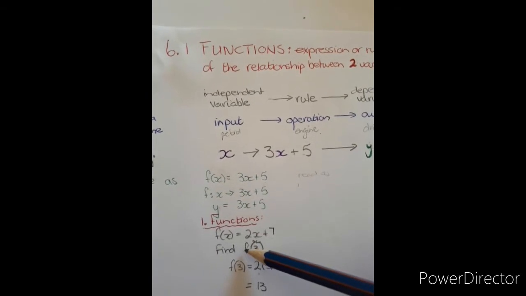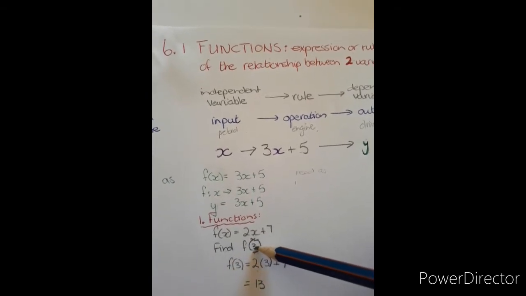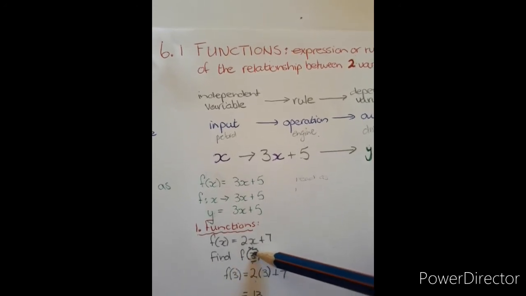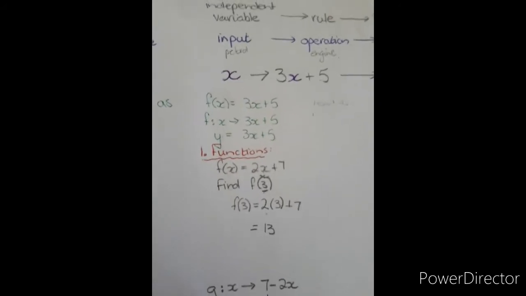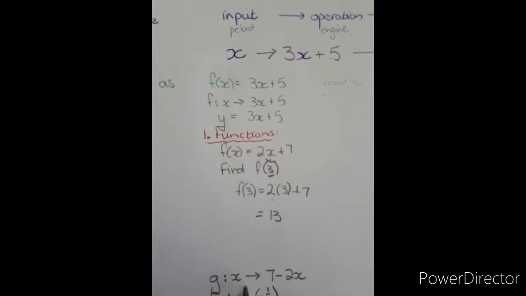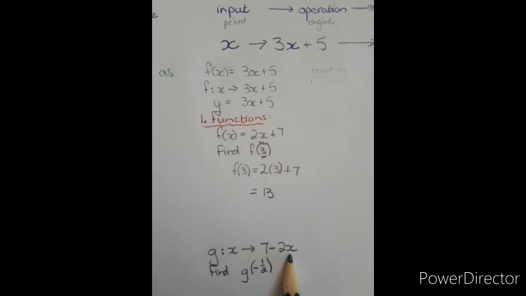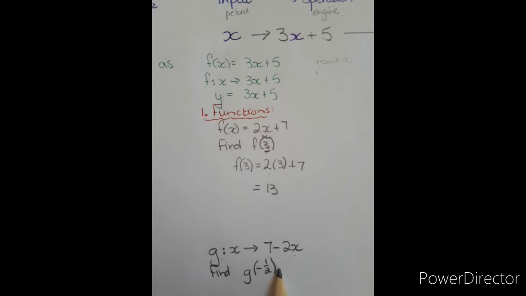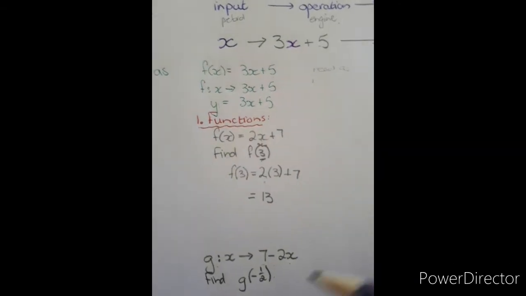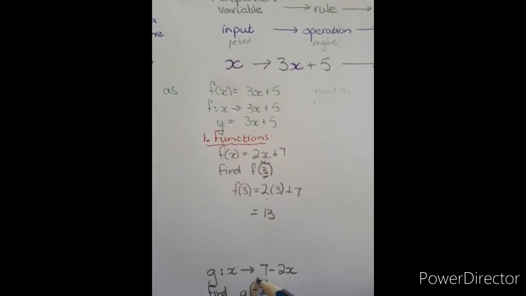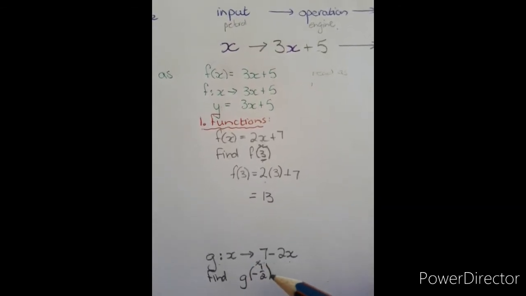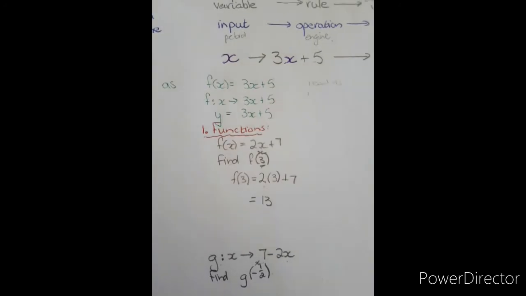Importantly here is that they give you the value of x, because they ask you to find f(3). Now in another example, the function g(x) is 7 − 2x, and they ask you to find g(−1/2). So once again, −1/2 stands in the place of the x, so the value for x is −1/2.